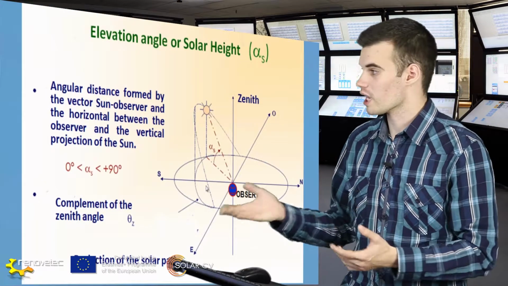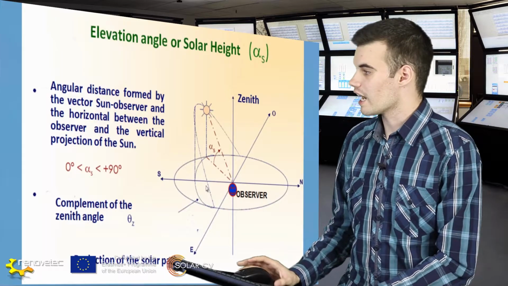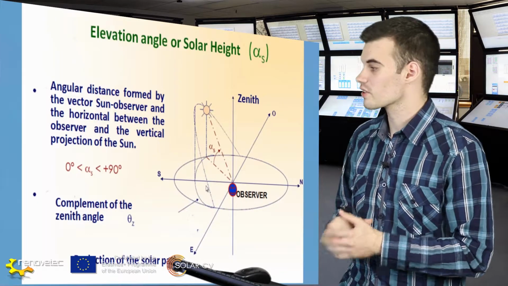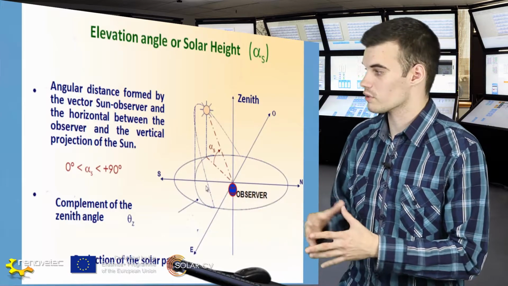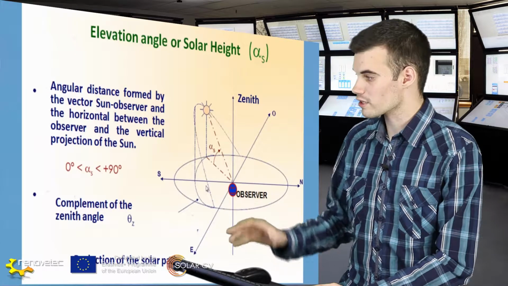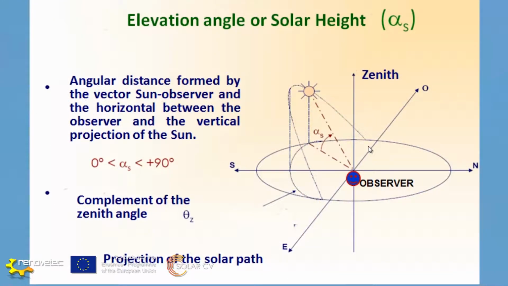On the other hand, we have elevation angle or solar height, and this is the angular distance formed by the vector sun observer and the horizontal between the observer and the vertical projection. So this is the complement of the zenith angle. Here we can see that we are here, and here is the projection of the sun.